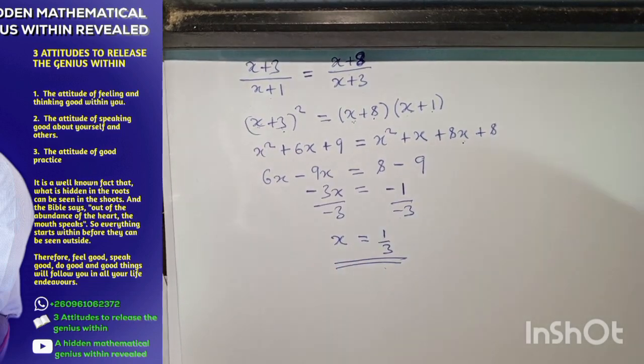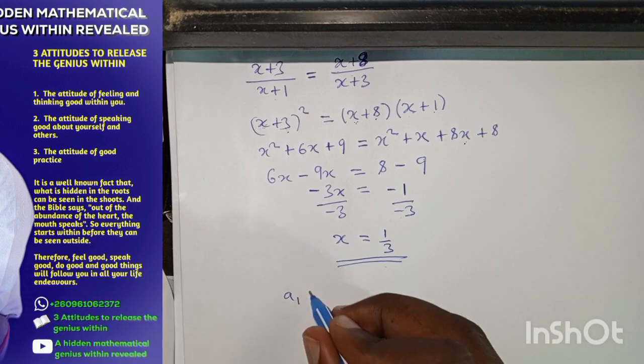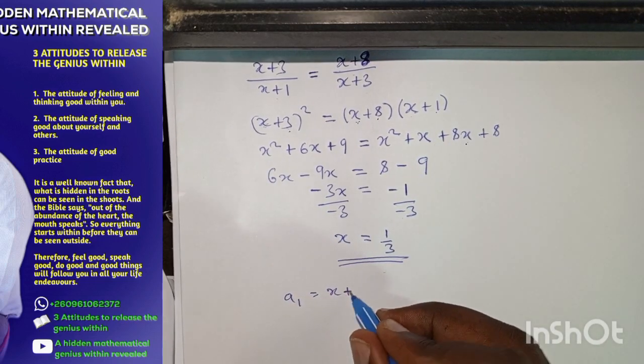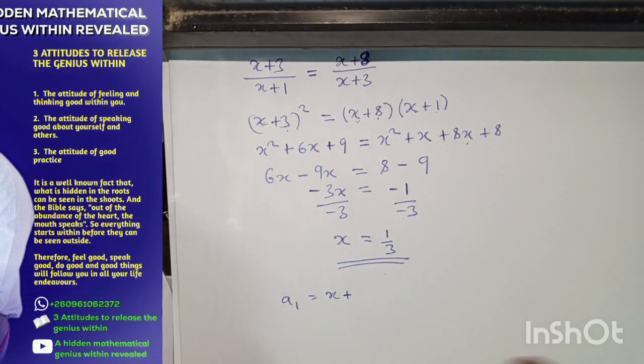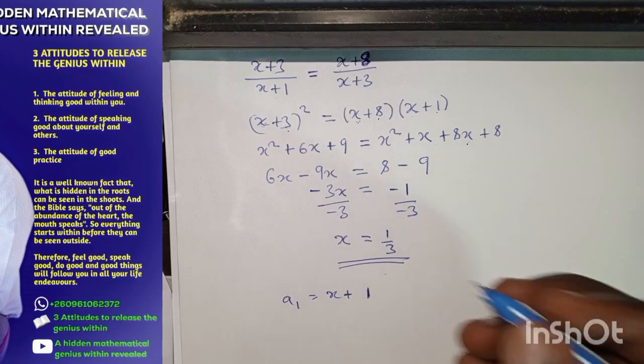So we know that common ratio is just second term divided by first term, or third term divided by second term. Okay, so according to what we have, first term is x plus 1.